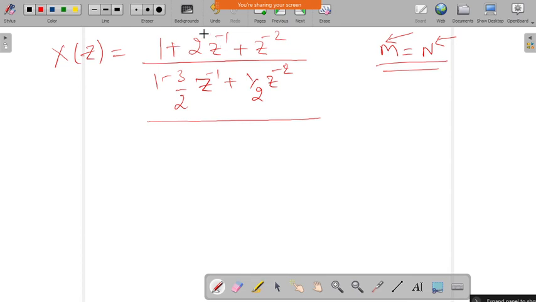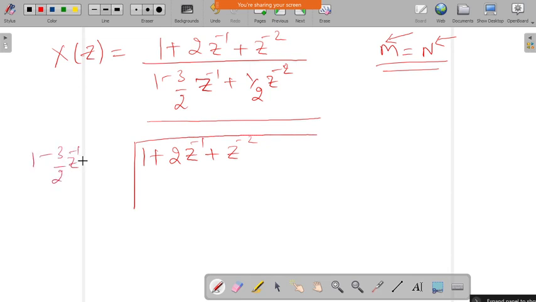First divide the numerator, 1 plus 2 z inverse plus z power minus 2, by the denominator, 1 minus 3 by 2 z inverse plus half into z power minus 2.